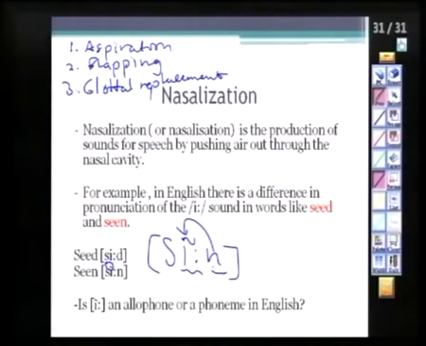Okay? Remember when you transcribe and you add these details, for example, you add the diacritic for nasalization, or when you add the small h for aspiration, or when you write the capital D for flapping, we call this kind of transcription, did I say that last time? No. Narrow transcription. What does it mean, narrow?